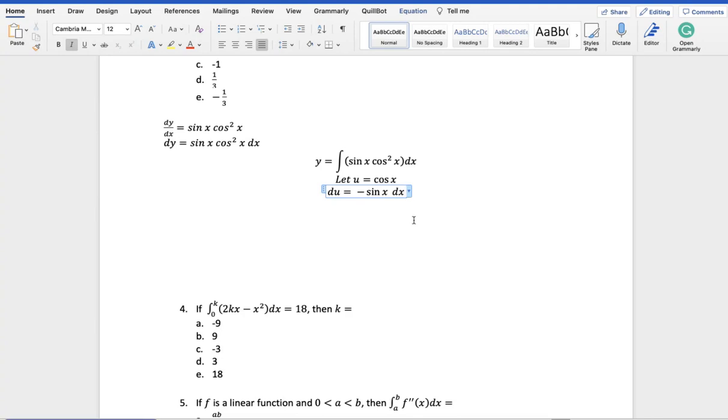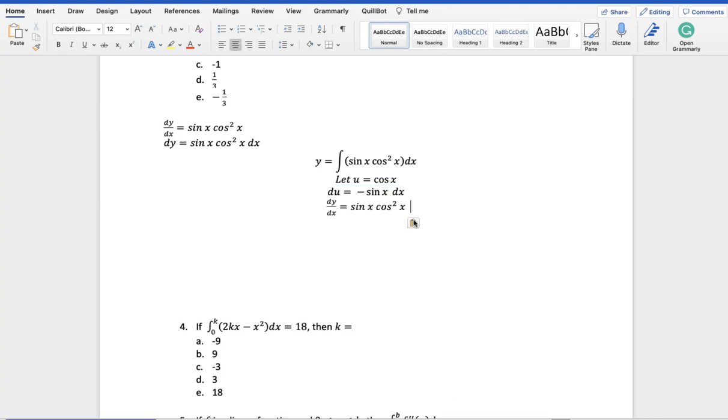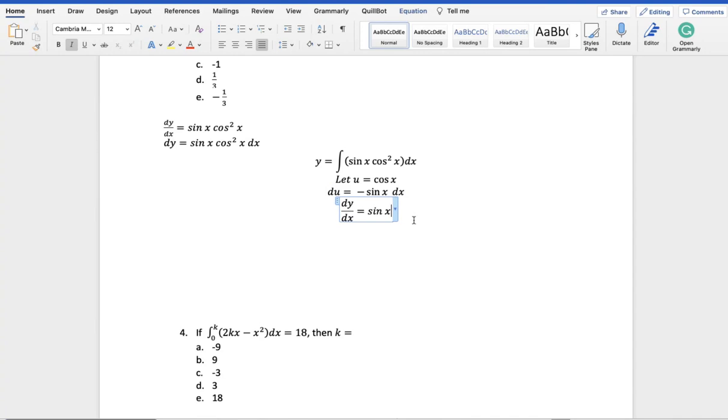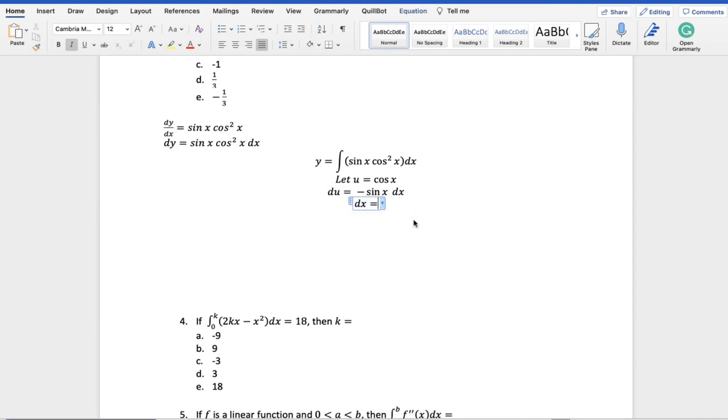So now that you have that, you can find what is dx. So what is dx equal to? dx is equal to negative du over sine x.